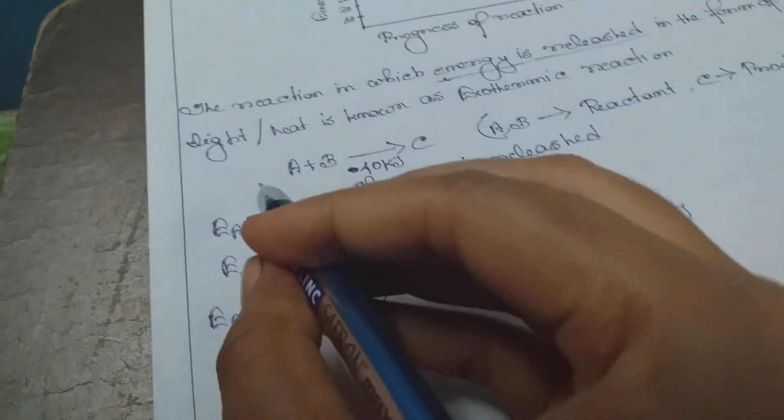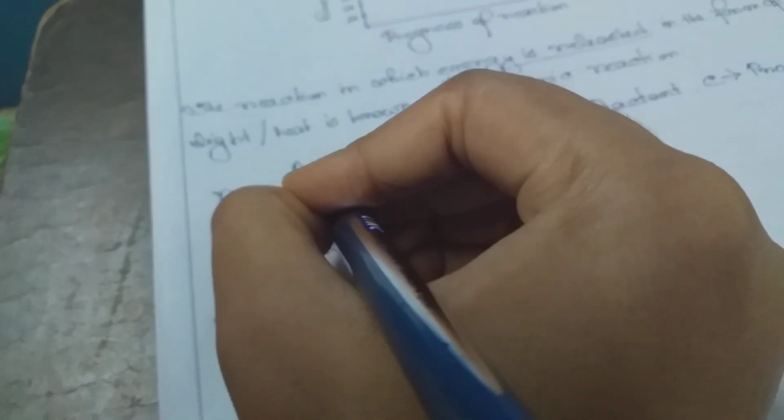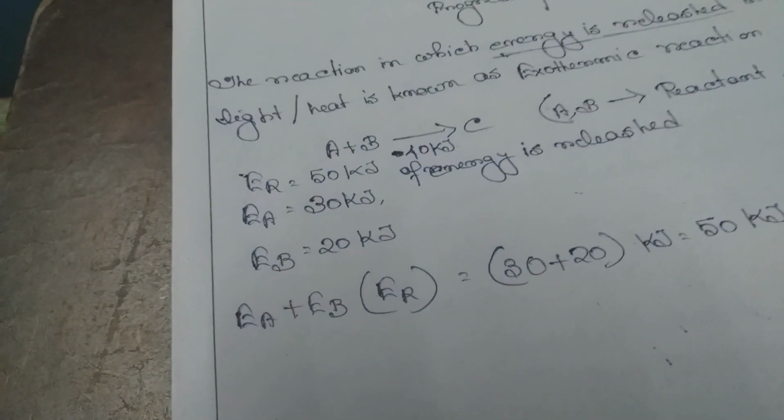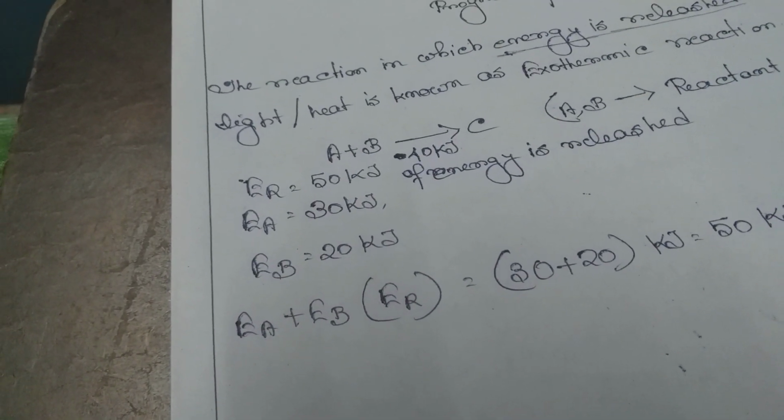The total energy of reactant A and reactant B is equal to 50 kilojoule, and during reaction 40 kilojoule of energy is released.